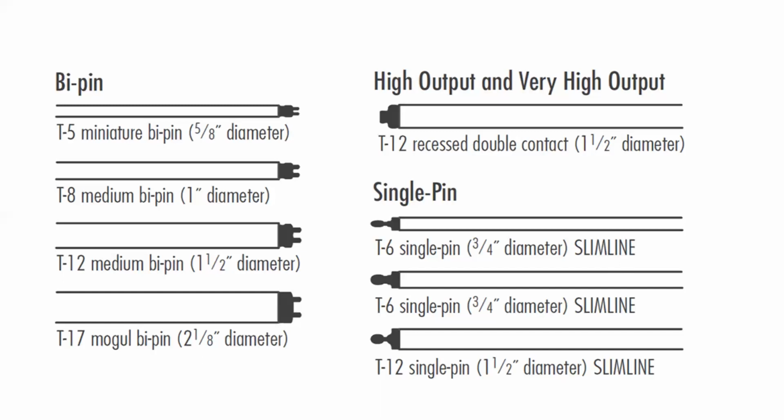So things like walk-in coolers, walk-in freezers in a big warehouse where a forklift drives in, you need a lot of lights in there, and they need to be able to operate in sub-zero temperatures. So this recessed double contact, and these are single pins.